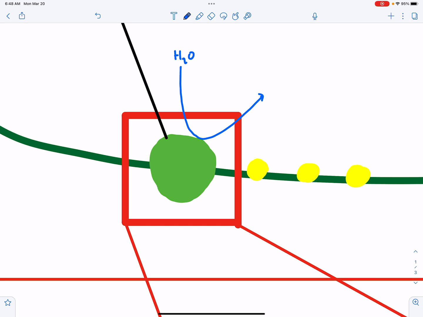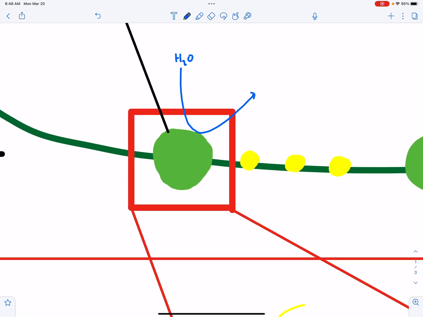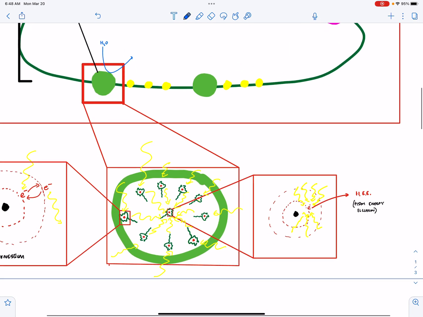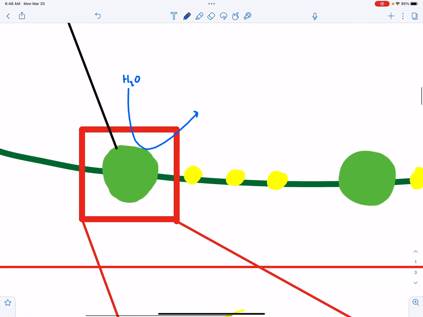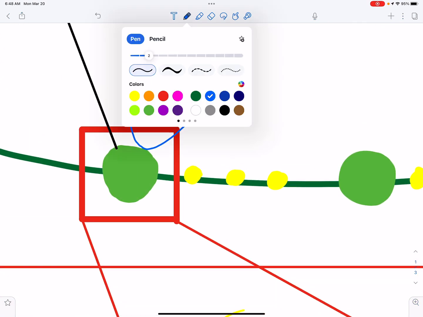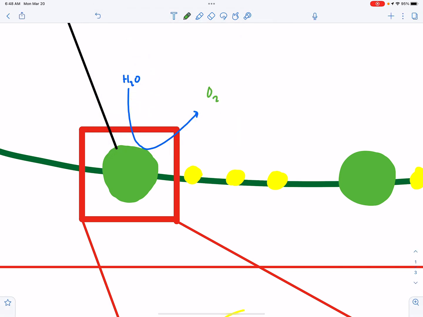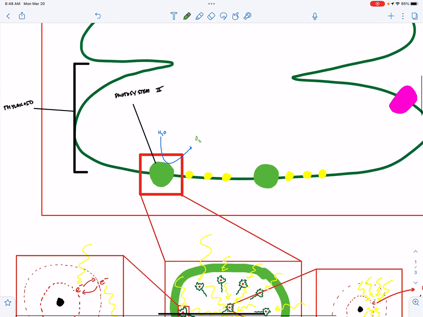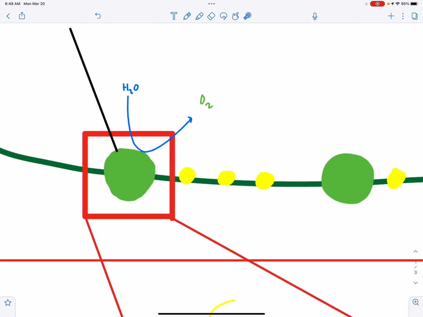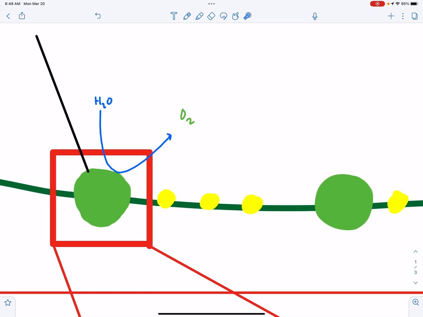So water comes in, it binds to this photosystem, and another function of this photosystem, in addition to kicking off a high energy electron, is to take water and split it up into its component pieces. It splits it up into 3 things. One is oxygen, molecular oxygen. So right away you're seeing one of the inputs to photosynthesis was water, and one of the outputs was O2. This is where the O2 is created, right at the very beginning.